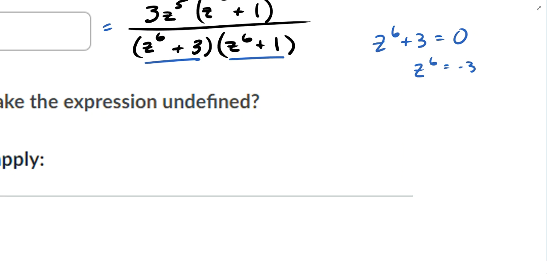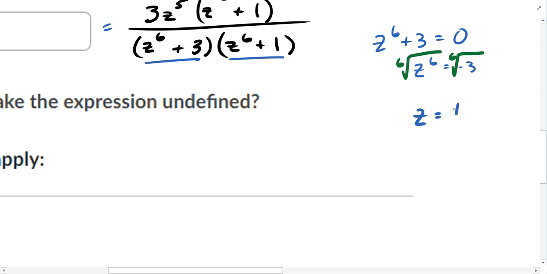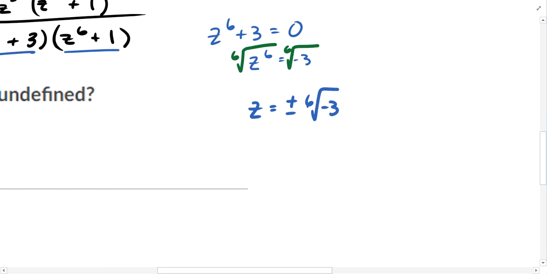And then to isolate z, we could take the 6th root of both sides of the equation. And that tells us that z would be equal to, and since we had to introduce our symbol here, we'd have a positive and negative result, the 6th root of negative 3.